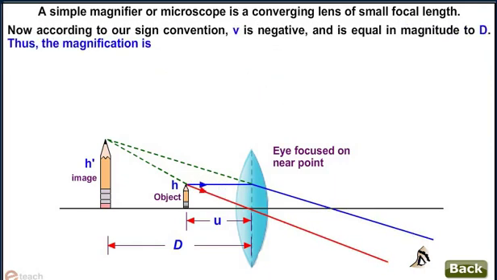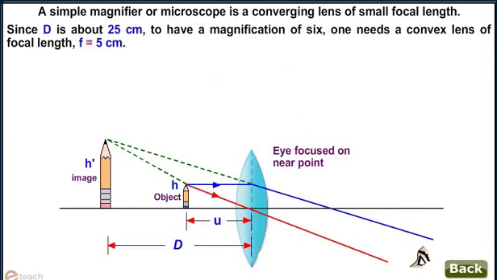Now, according to our sign convention, v is negative and is equal in magnitude to D. Thus, the magnification is M equals 1 plus D by f. Since D is about 25 cm, to have a magnification of 6, one needs a convex lens of focal length f equal to 5 cm.